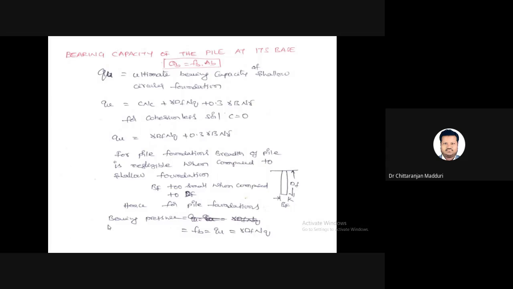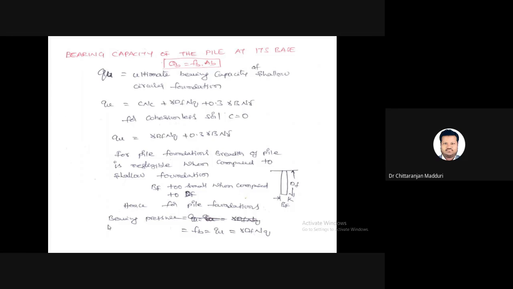For cohesionless soil, bearing capacity is given by cNc plus gamma Df into Nq plus 0.3 into gamma B into N gamma. For cohesionless soil, the cohesion component is equal to 0. For sandy soil, c is equal to 0, so the first term is omitted.